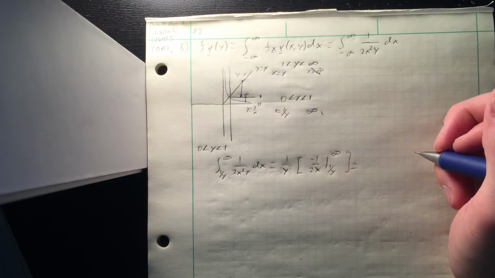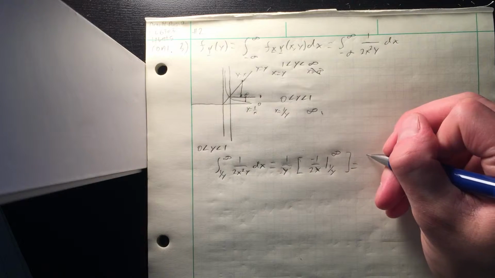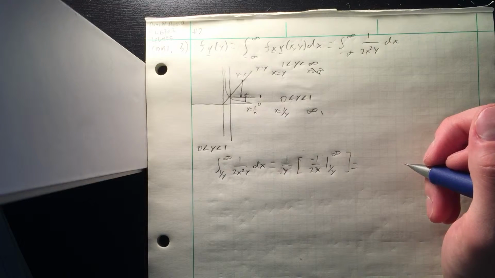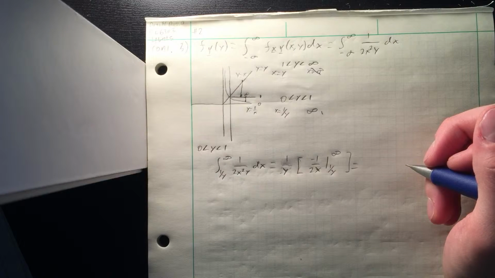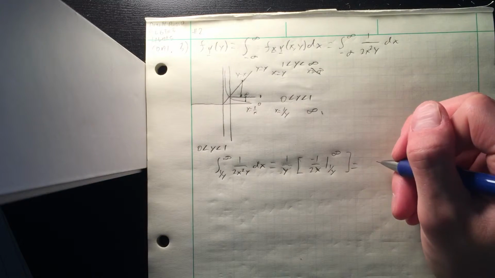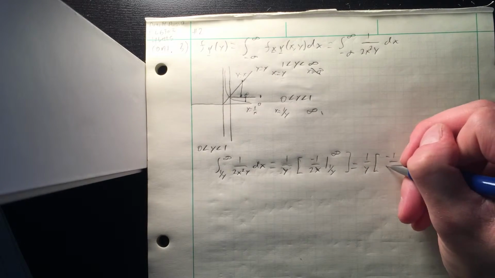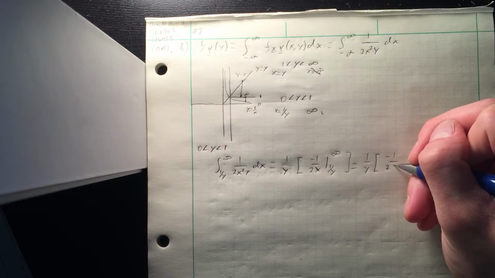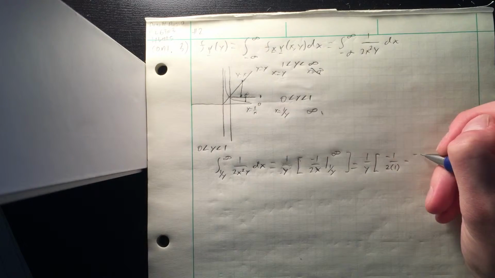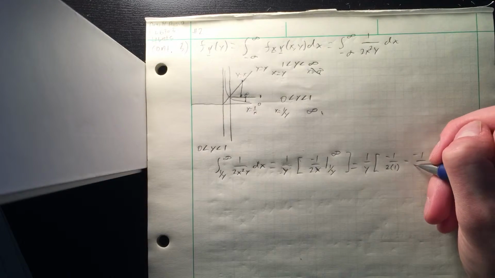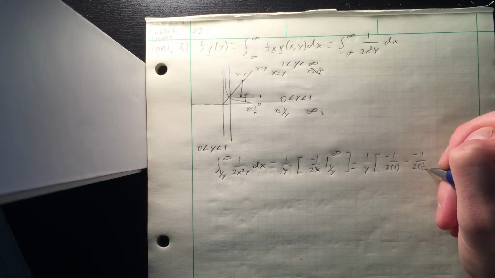And that over y is equal to negative 1 over 2 times 1 minus negative 1 over 2 times 1 over y.